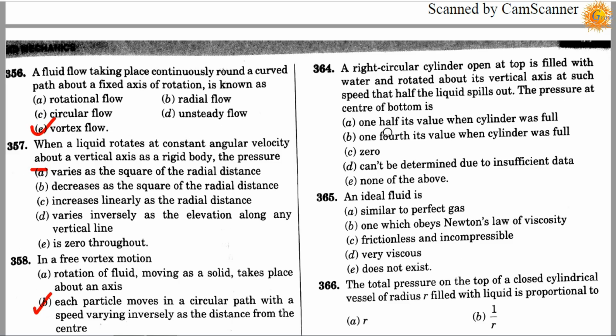The pressure at center of bottom is: option A, 1/2 its value when cylinder was full; option B, 1/4 its value when cylinder was full; option C, 0; option D, can't be determined due to insufficient data; option E, none of the above. Correct answer is C, it will be 0.